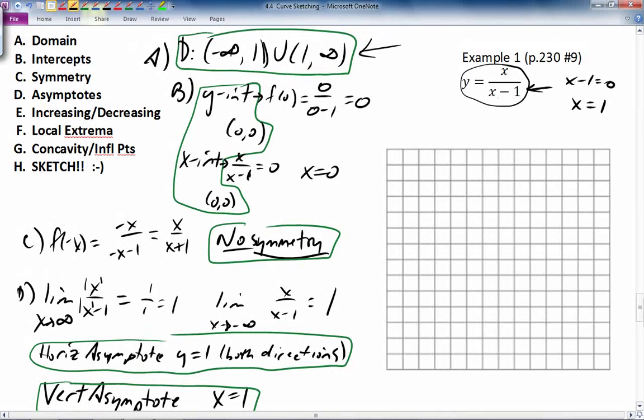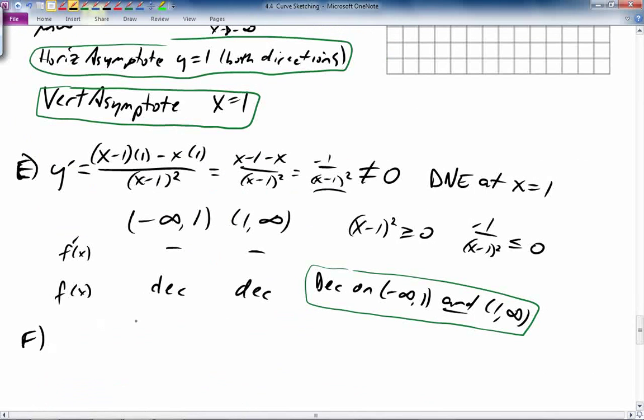Well, as we already said, since the only place the first derivative is 0 or does not exist is a place that the original function does not exist, and since it's decreasing on the left and on the right, we know that there are no local extrema.